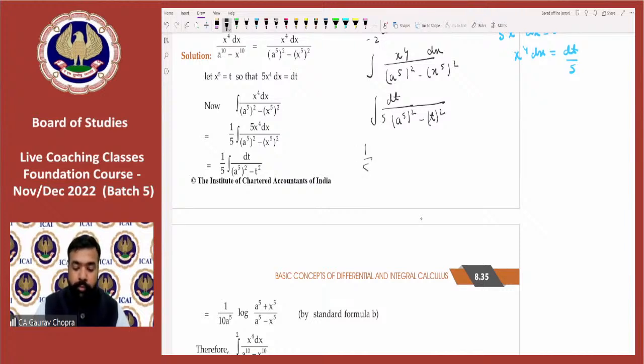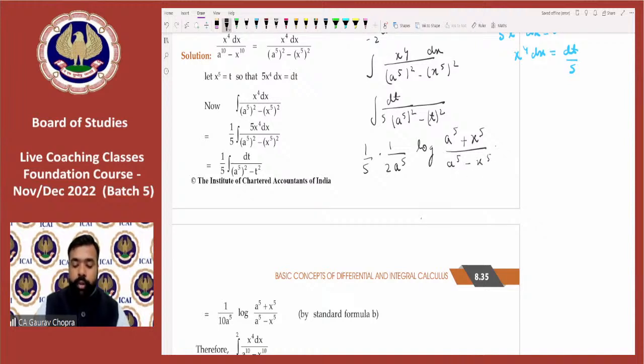So 1 by 5 remains as it is. Then the formula is 1 upon 2a. What is the value of a? a to the power of 5. Log of (a plus x) upon (a minus x). Here t is in place of x, or in place of t we can write x to the power of 5.